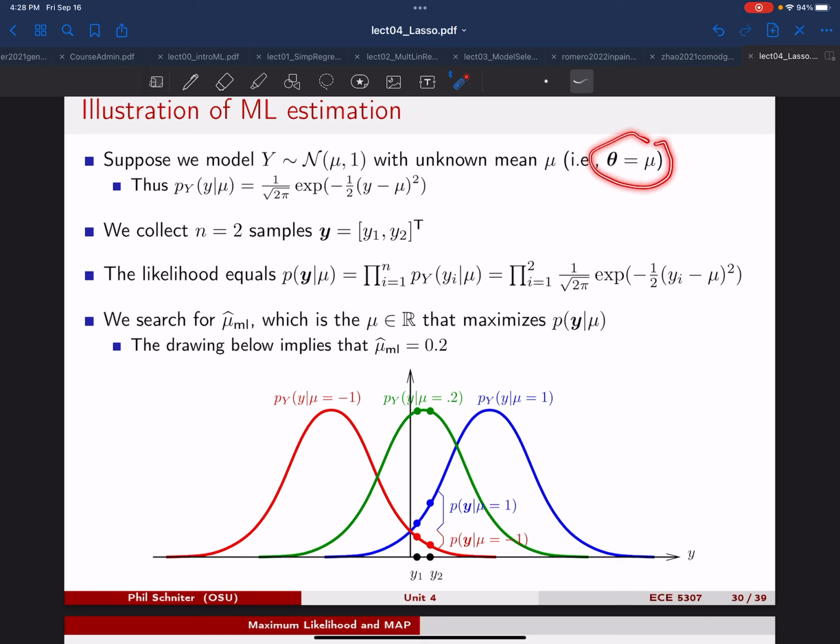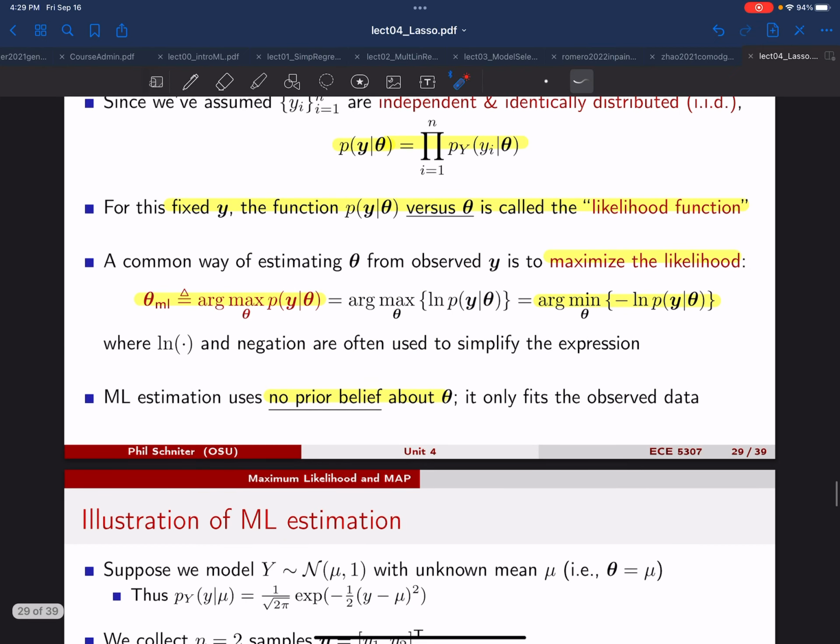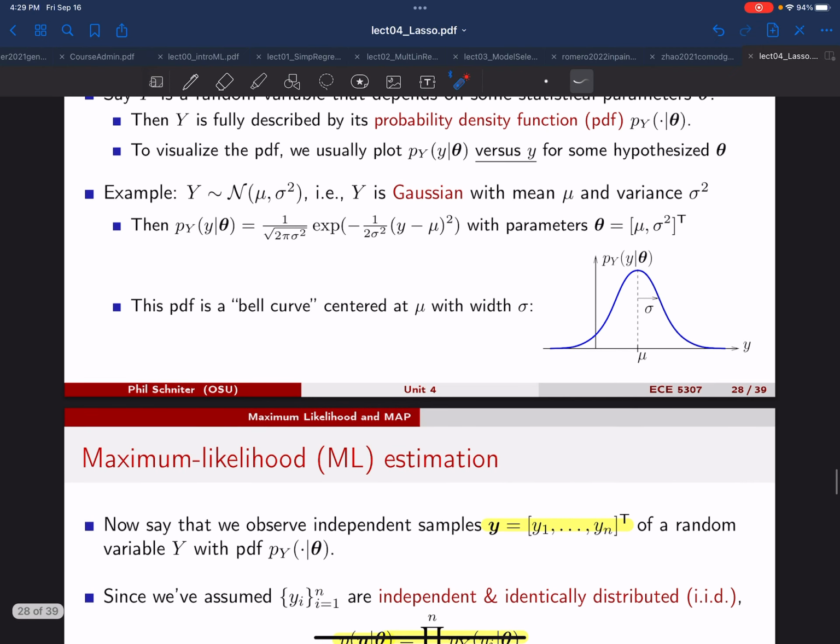Here we have a single parameter to optimize, which makes it nice to visualize. Imagine that I was jointly optimizing over mu and sigma squared. Now I would have to make a plane, and I'd have to move that pair of points around the plane and look for the best one. It becomes harder to make the drawing, but it's the same idea. Rather than moving along one axis and finding the best value along one axis, you do it jointly in these two axes, and you look for the maximizing pair.